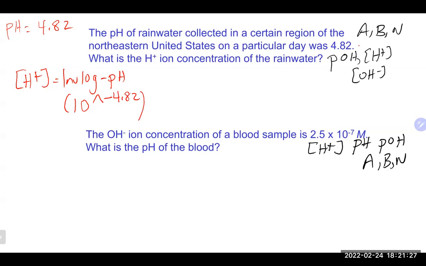If we do that, we end up with an H plus concentration of 1.5 times 10 to the negative 5. I hope I counted that right. We do need a molarity, as it is a concentration.